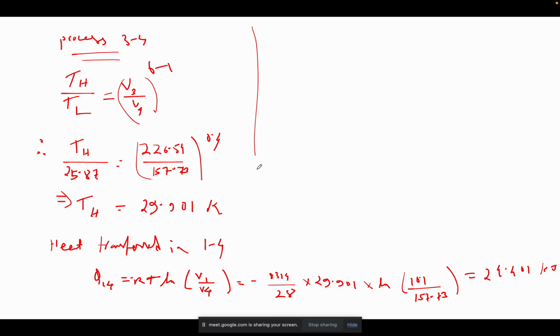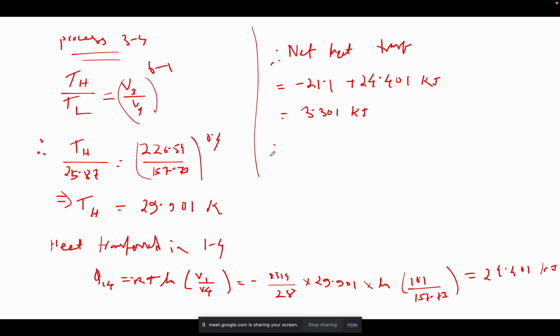Therefore the net heat transferred is what? Minus 21.1 plus 24.401 kilojoule. So you'll get this one as 3.301 kilojoule.